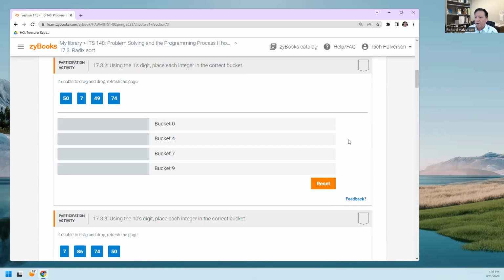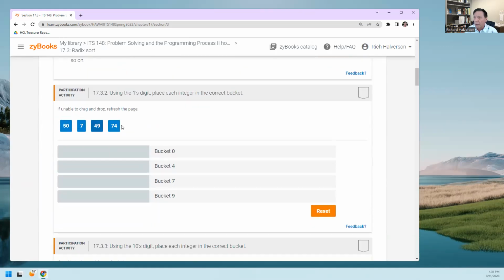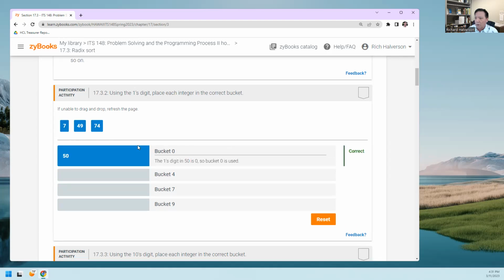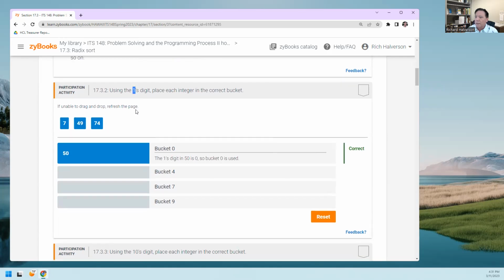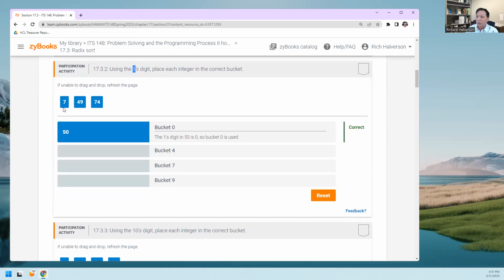So let's go down farther, and this again reinforces the concept of a bucket. What's going to go in bucket 0? This one goes in here. Bucket 4 is going to have, using the ones digit, 4 as the ones digit.